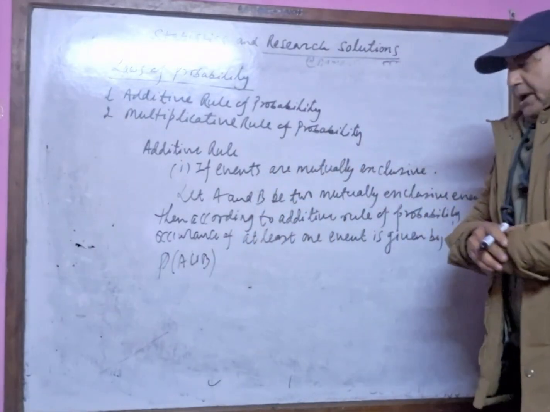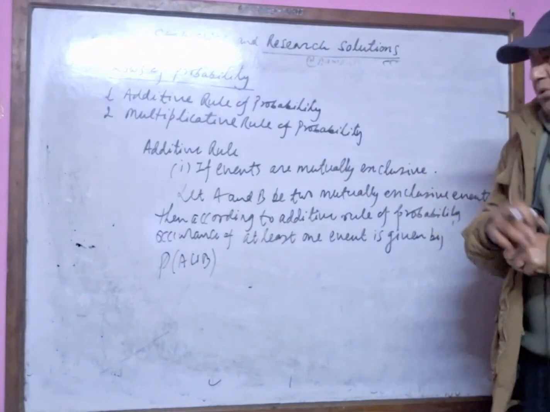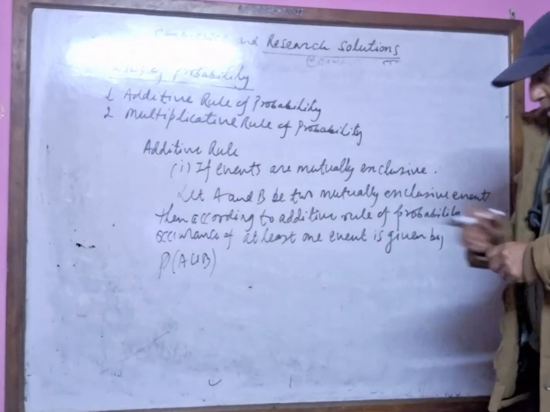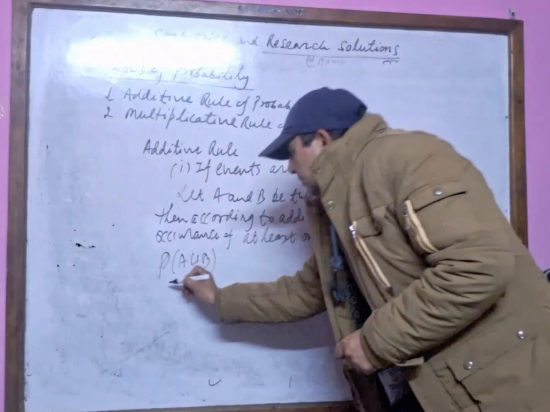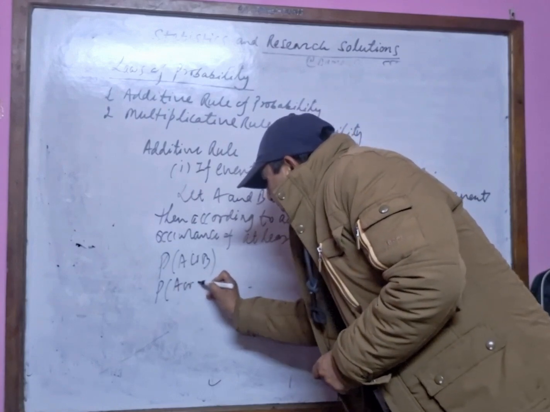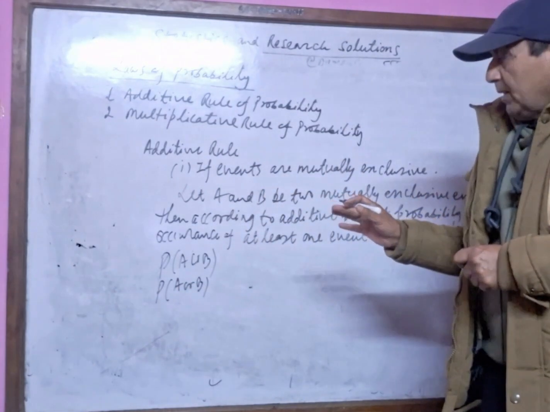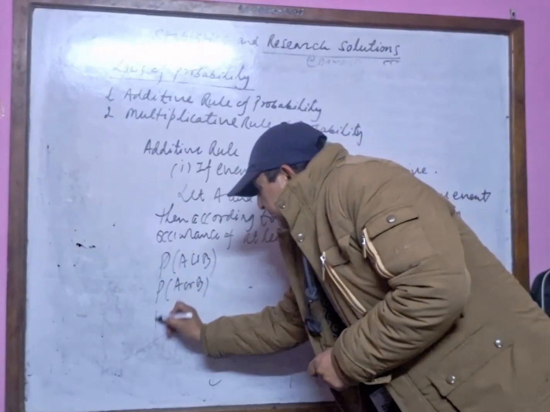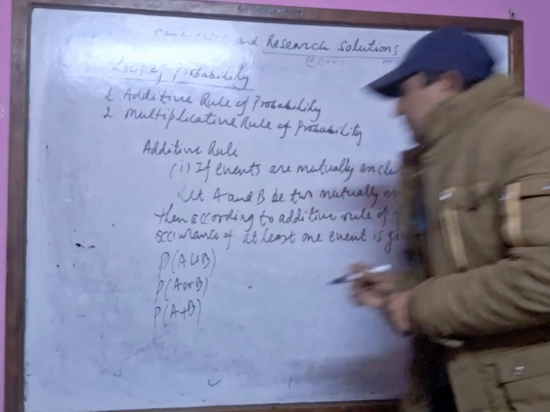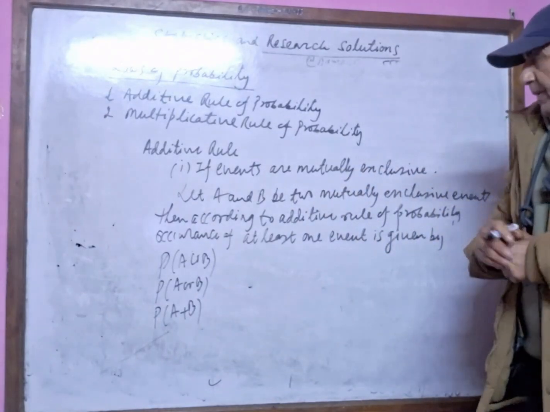For the additive rule we always use A union B. This union is also written as P(A or B), or P(A plus B); this is the same. Whatever you like, you can write.